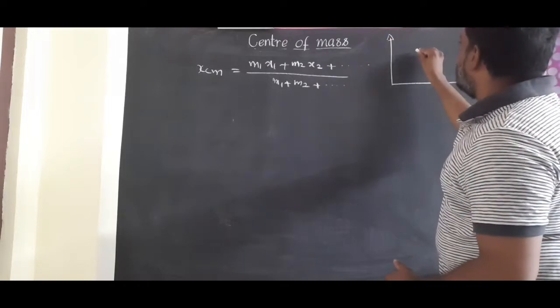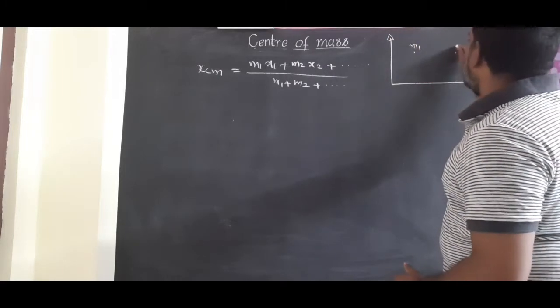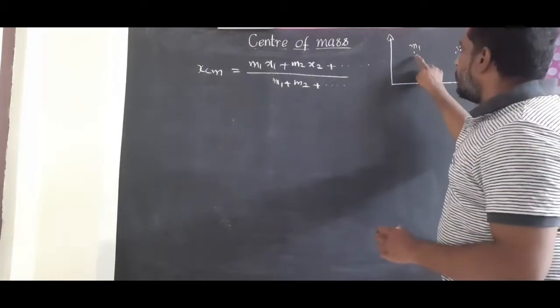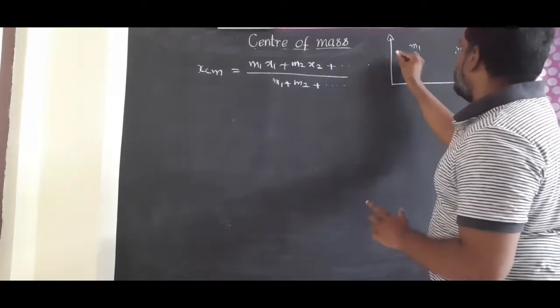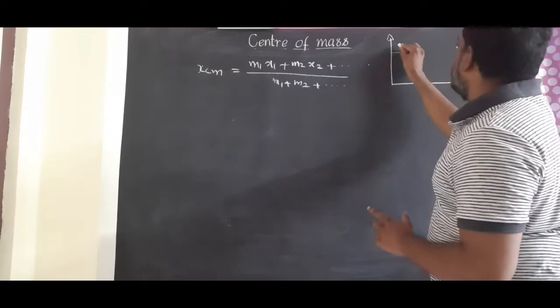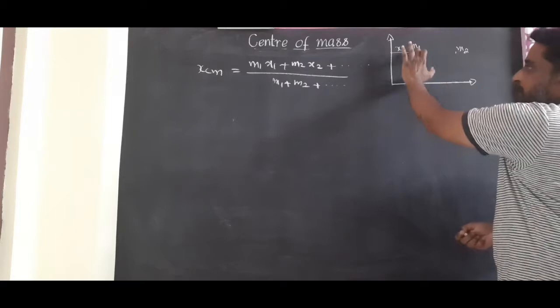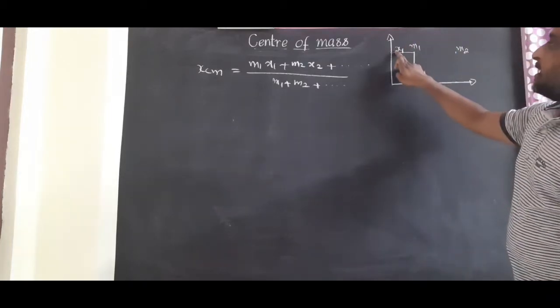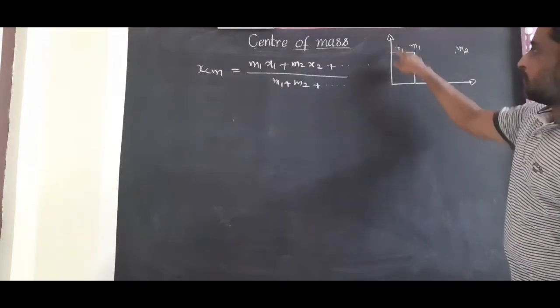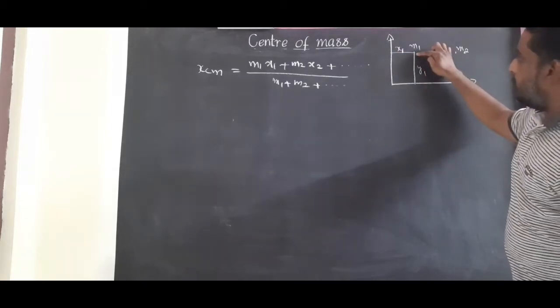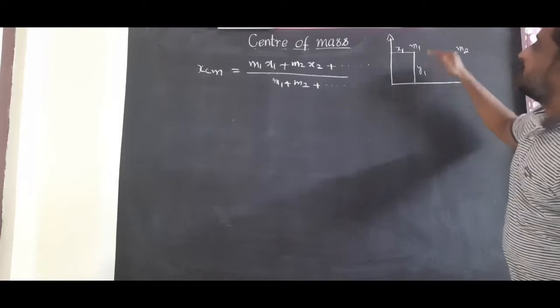See, if you consider the particles like this of masses m1 and m2 and so on, the coordinates of this particle of mass m1 are x1 comma y1. x1 is the distance of this particle from y-axis. y1 is the distance of this particle from x-axis.